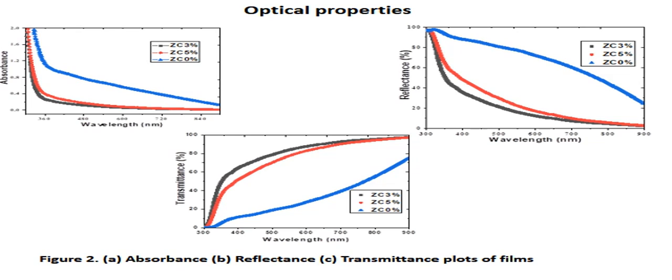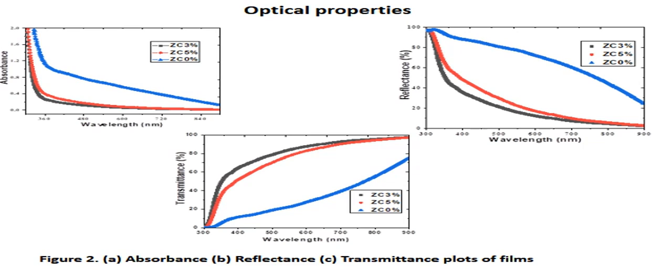Now we're going over to reflectance. The graph is reflectance versus wavelength. As you look at it, the line representing the undoped sample shows the same trend: the reflectance reduces as the wavelength is increased, with the undoped sample having the highest reflectance.